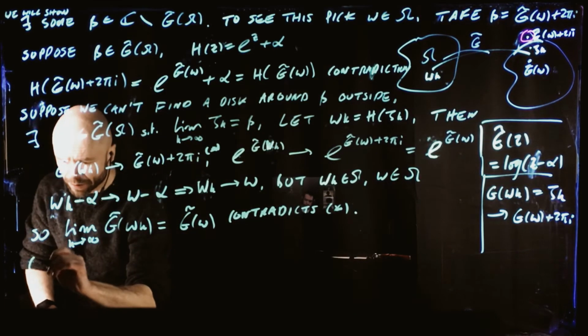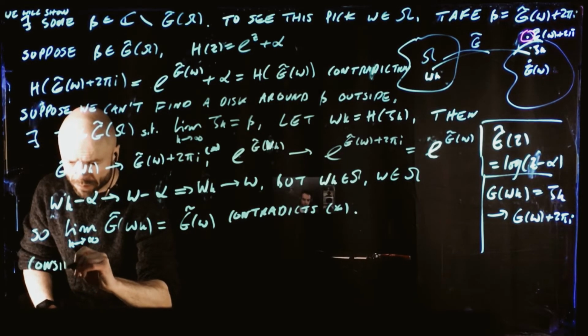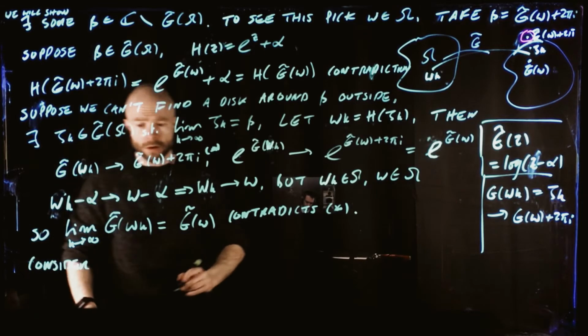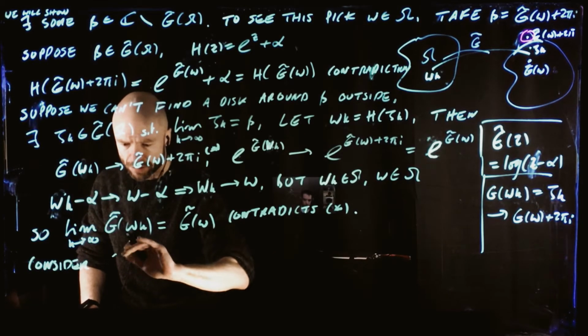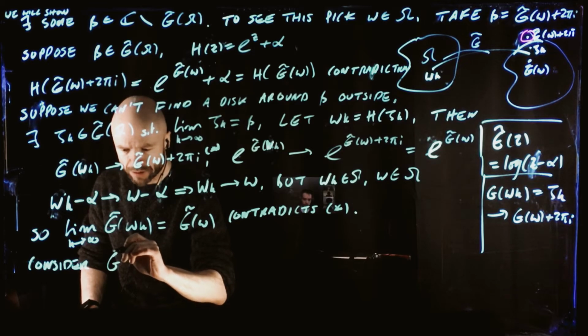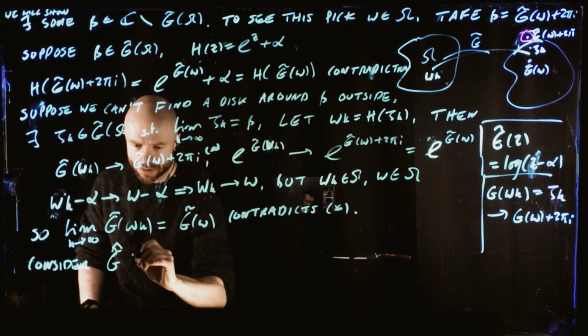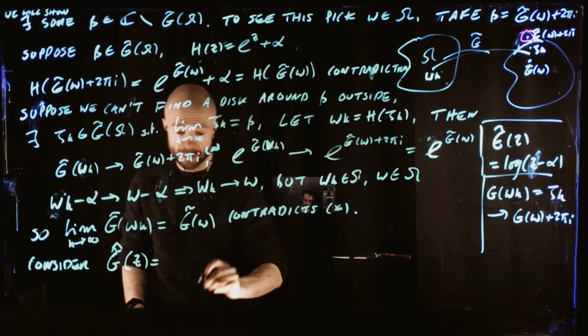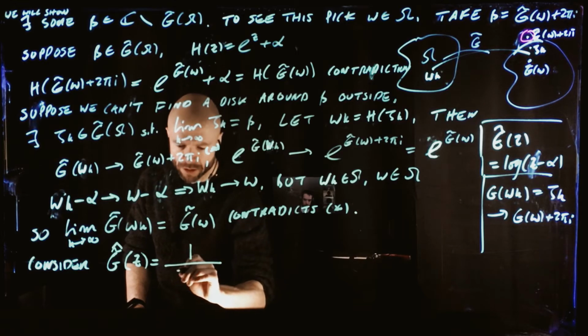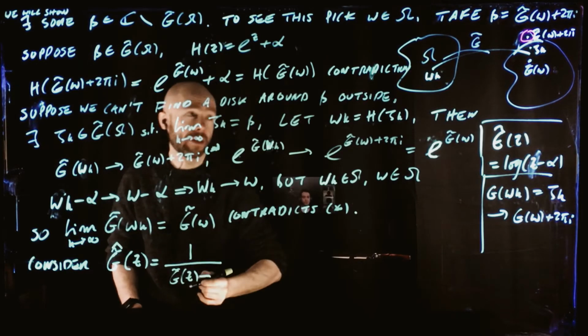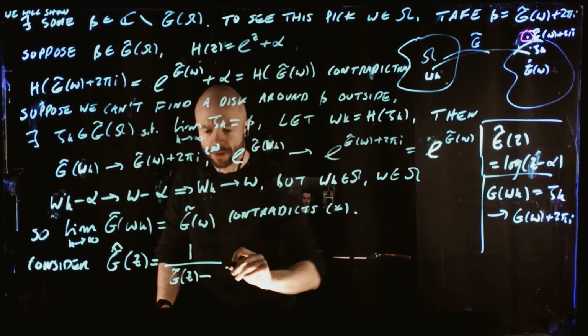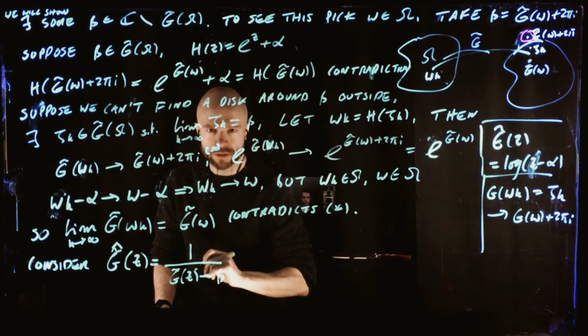So consider the following mapping. Let's call it G tilde hat, because we still have to do some adaptations. So G tilde hat of z. Let's define it as 1 over G tilde z minus this point beta that we know is definitely outside.